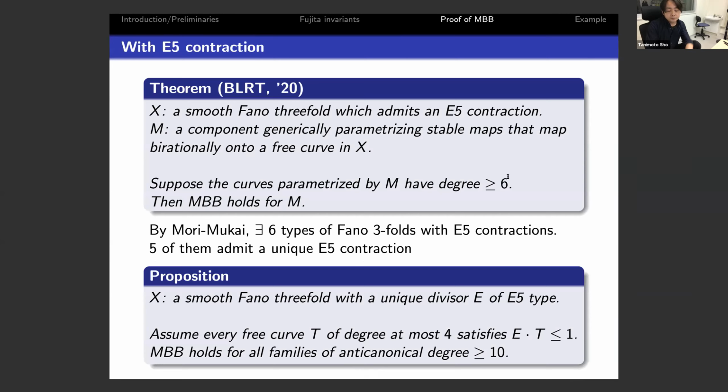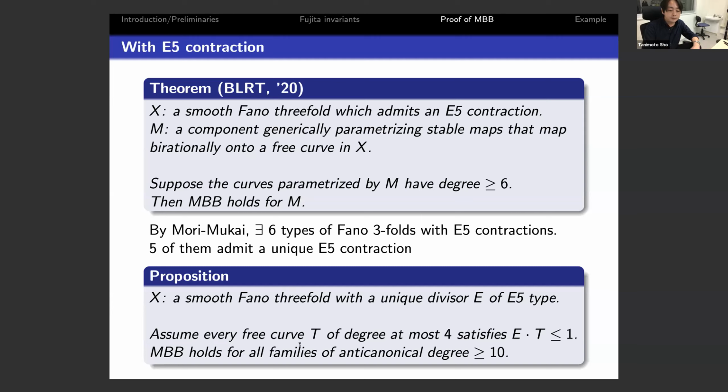The proof is based on Mori-Mukai's classification. According to Mori-Mukai's classification, there are 6 types of Fano threefolds with E5 contraction, and 5 of them admit a unique E5 contraction. For these, one can apply the following proposition. Let X be a smooth Fano threefold with a unique divisor E of E5 type. Assume every free curve T of degree at most 4 satisfies E dot T is less than or equal to 1.